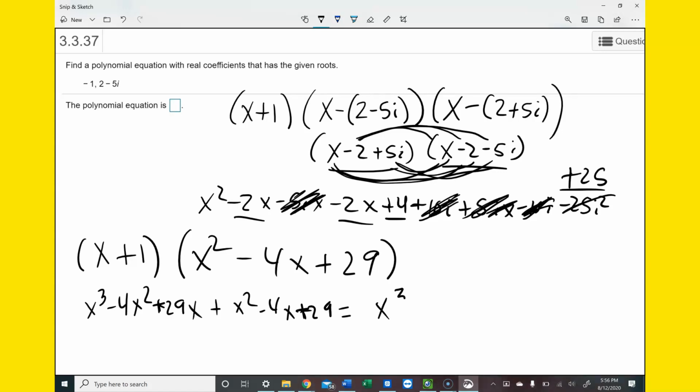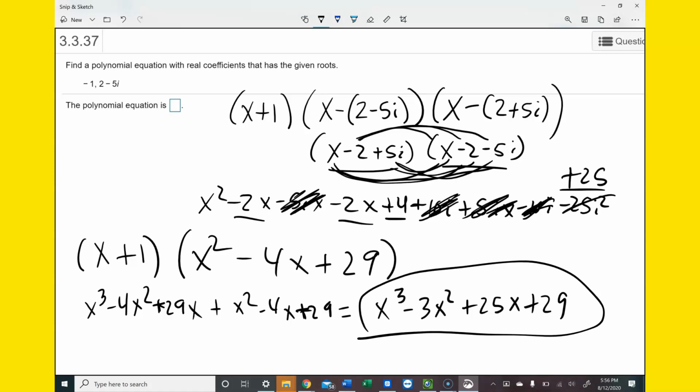X cubed minus 3x squared plus 25x plus 29. So that's what I get when I combine the negative 4x squared with the positive x squared, and the 29x with the negative 4x. This is my final answer. This is the polynomial equation that produces those given roots.